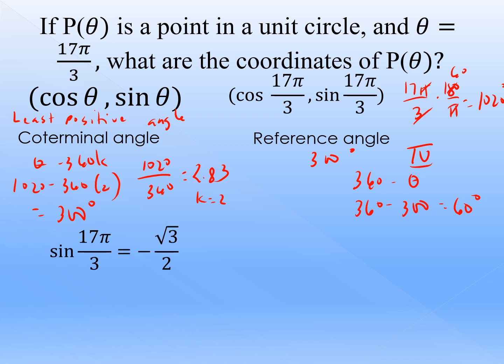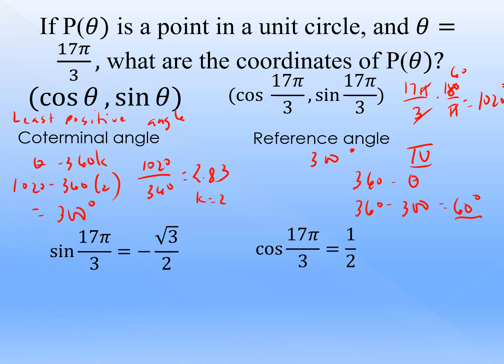Now let's find sine 17 pi over 3 and cosine 17 pi over 3. Sine 17 pi over 3 is equal to negative square root of 3 over 2, and cosine 17 pi over 3 is equal to 1/2. Why? Because sine 60 is equal to square root of 3 over 2, and cosine 60 is equal to 1/2. After that, we apply the rule of signs.